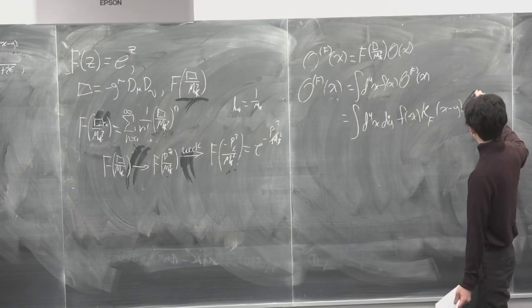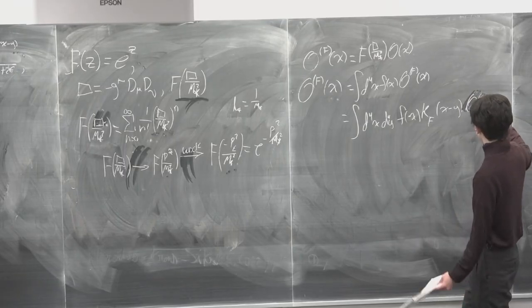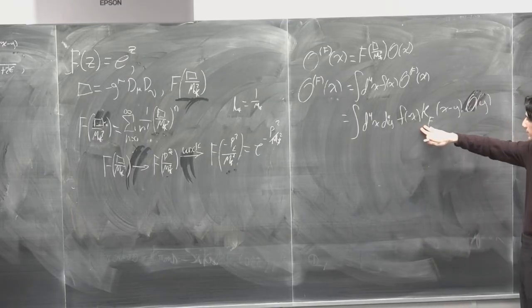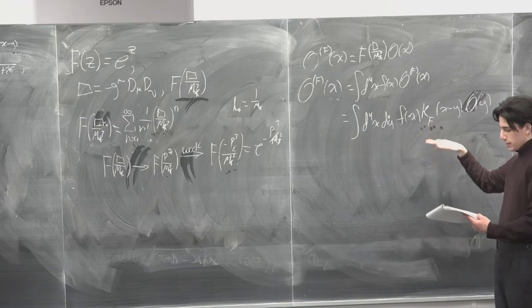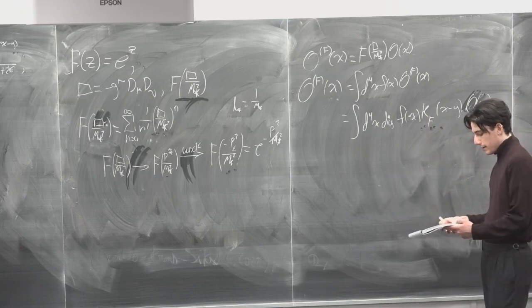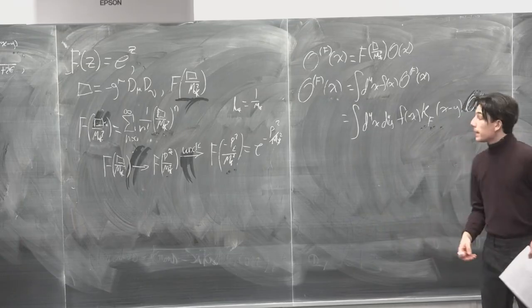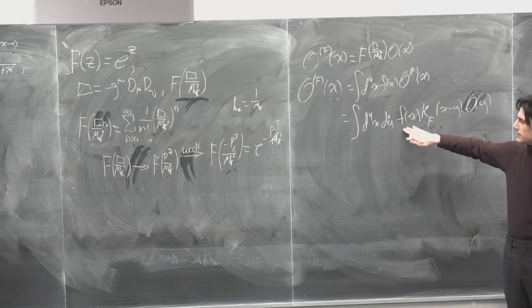And so k of f is some smooth kernel induced by f. Little f, lowercase f, it's a test function.